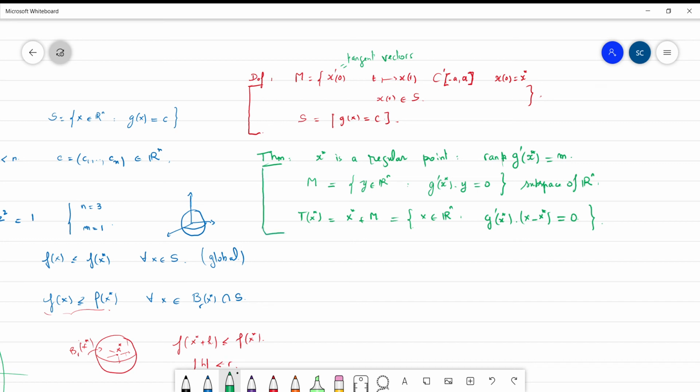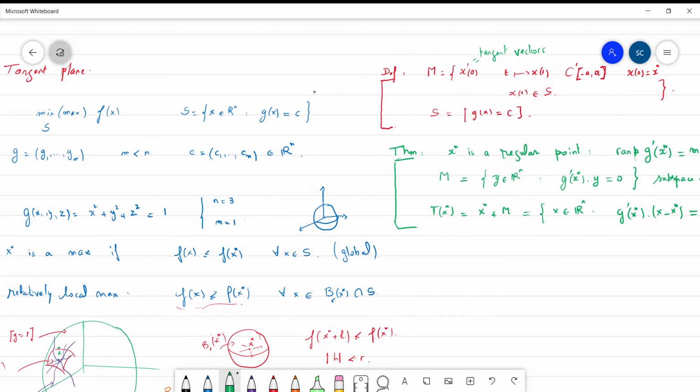In our study of optimization problems under equality constraints like that, we will be interested in dealing with constraint sets where we have regular points, where we have a tangent plane at this point.